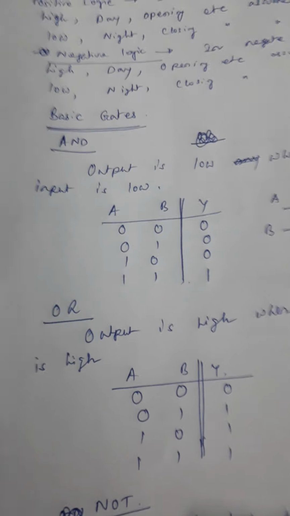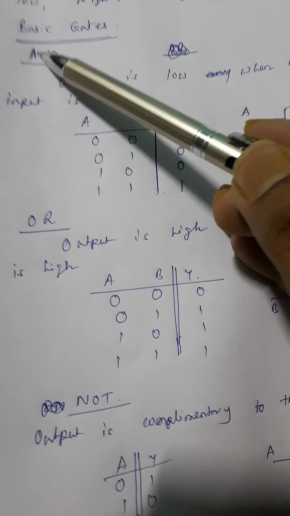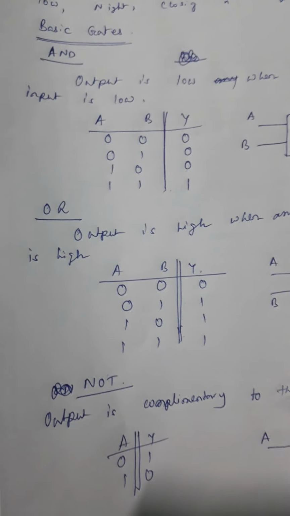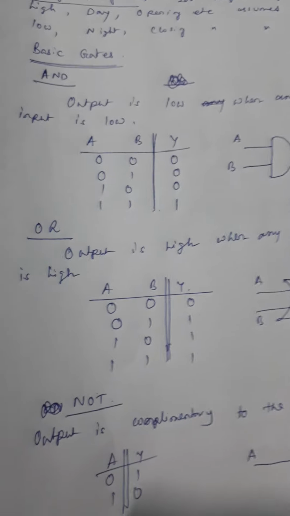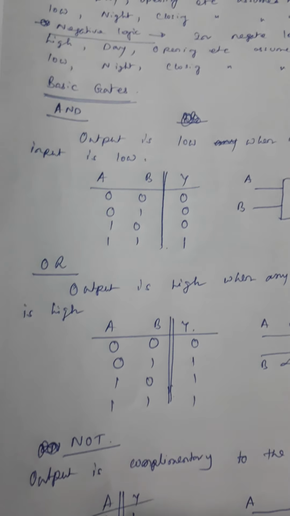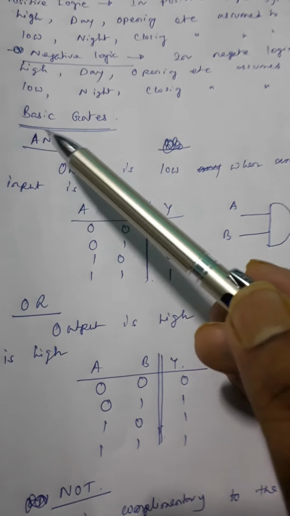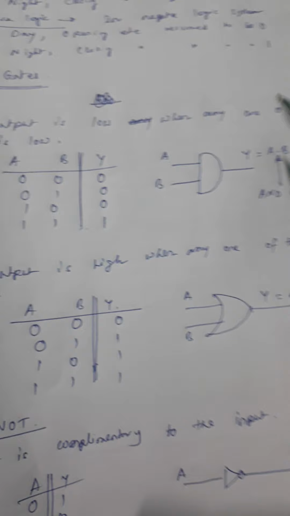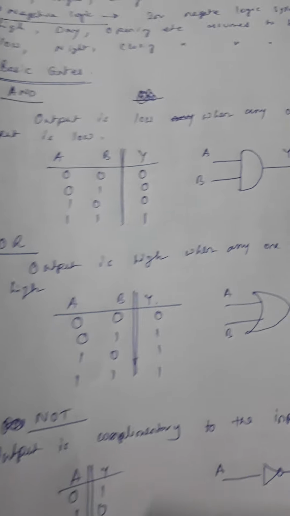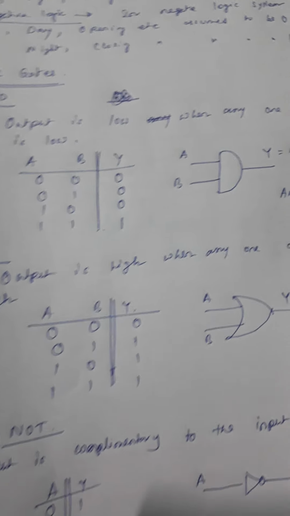You know that we have three basic gates: AND gate, OR gate, and NOT gate. And in positive logic system, high is 1 and low is 0. So considering that, what is the AND logic? The AND logic is: output is low when any one of the inputs is low. So if any one of the inputs is low, output will become low.